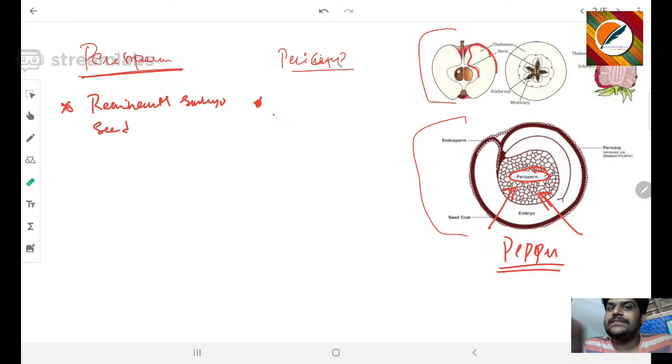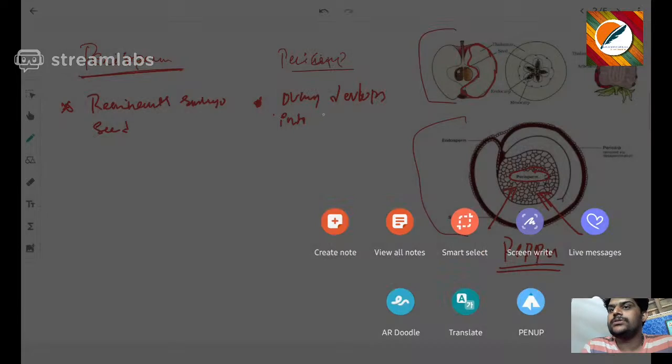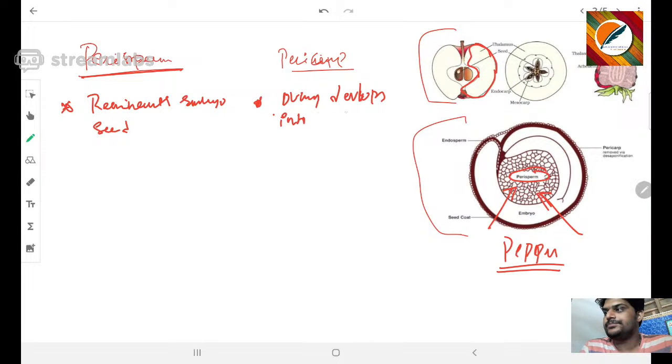If this wall develops into the fleshy fruit, that is known as the pericarp. The ovary wall develops into the fruit.